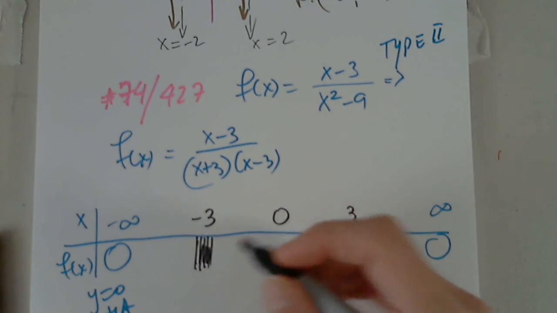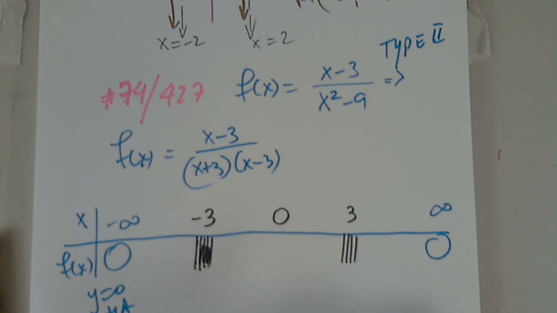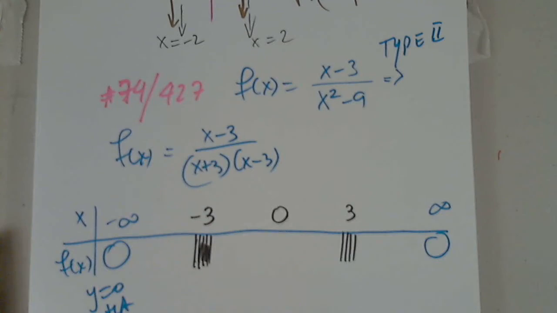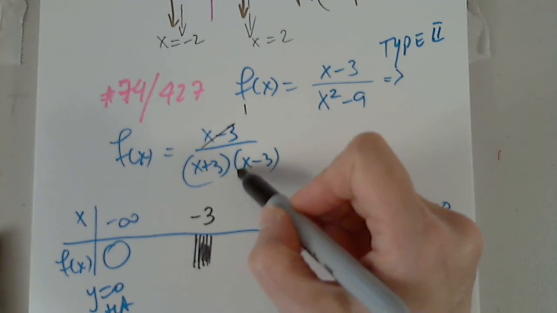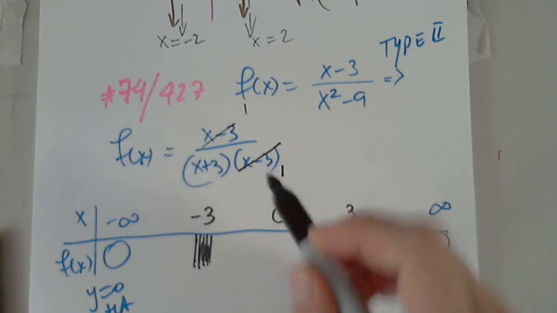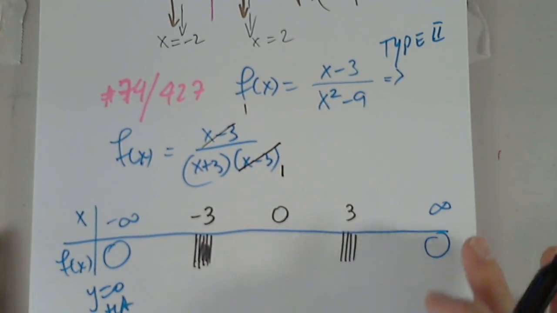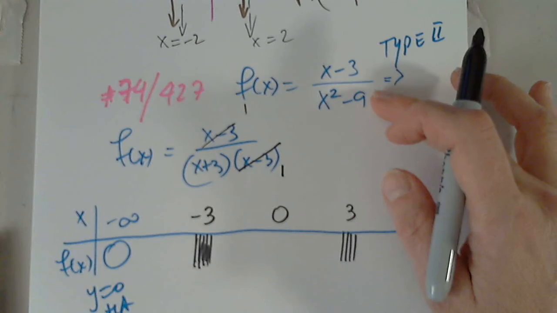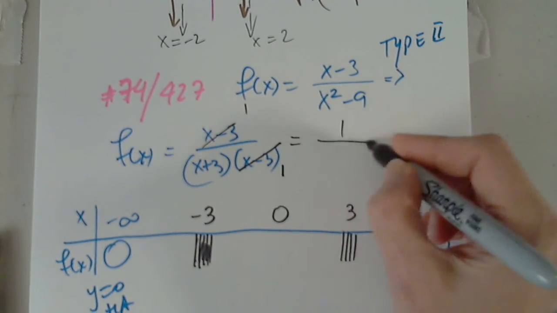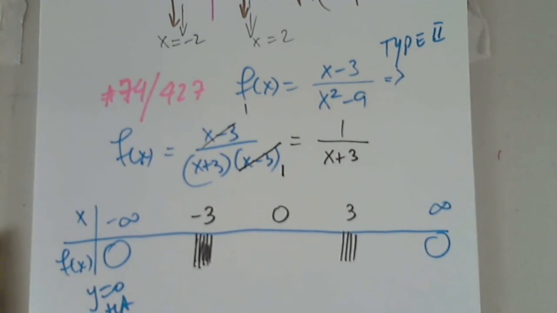They are excluded. However, right now I cannot rush to write x equals -3 VA, x equals 3 VA. Why? Because I can do this. I stated the restriction first. I cannot simplify before I state the domain of the raw function. But look, this function changes into 1 over x plus 3.